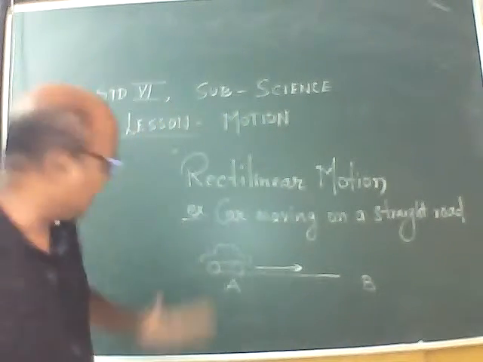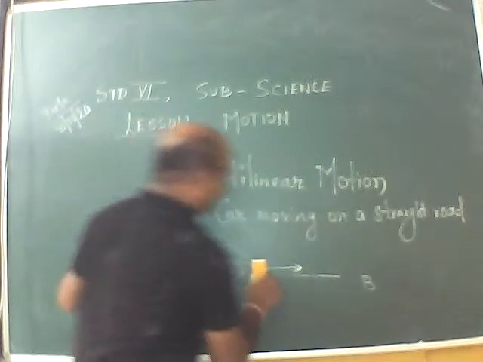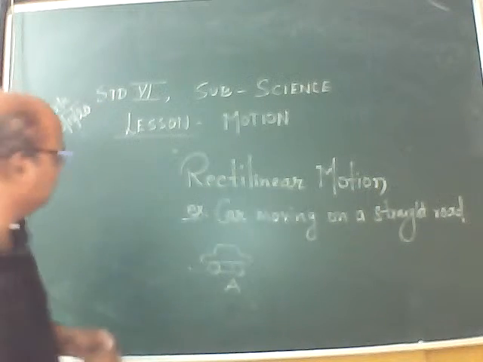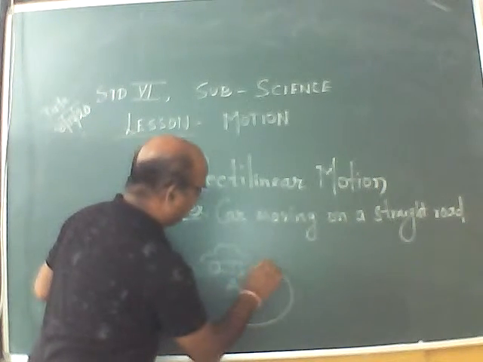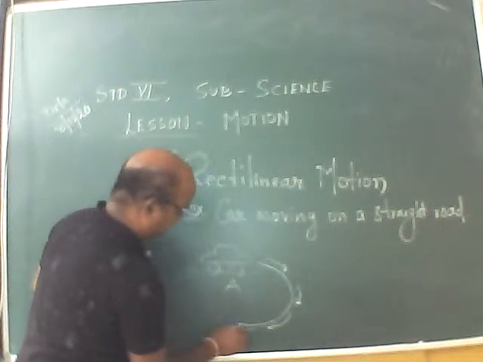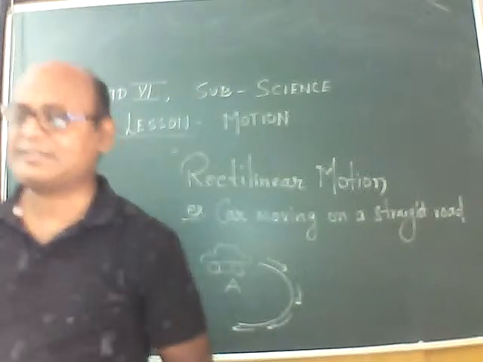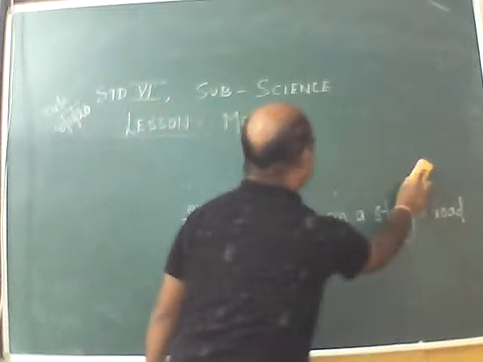Now the same path, suppose it is taking a curved path like this. Okay, we will go here, here, here. So it is moving in a curved path. We call it a curvilinear motion.